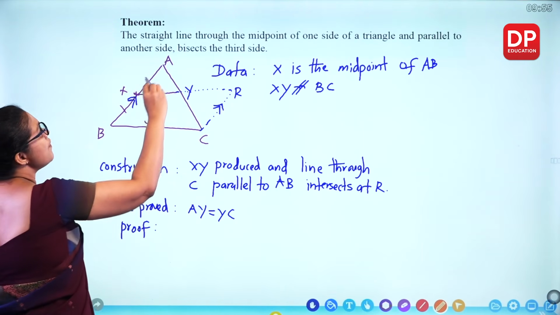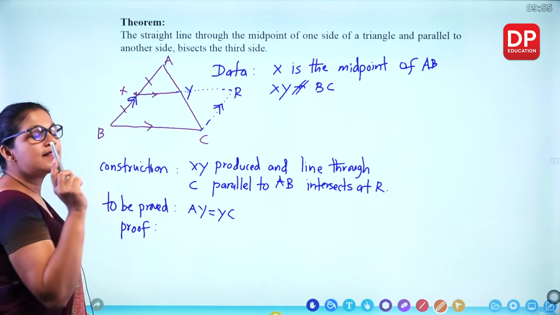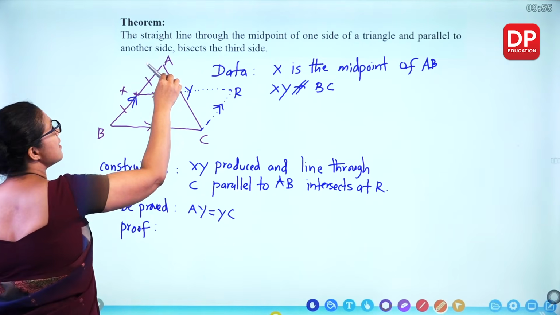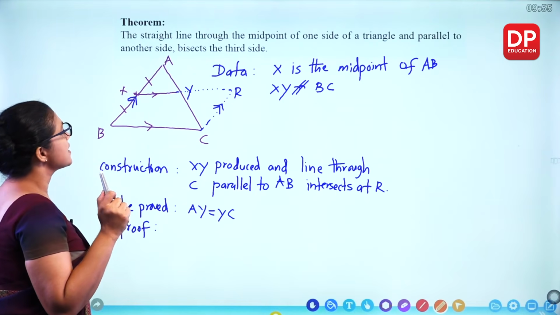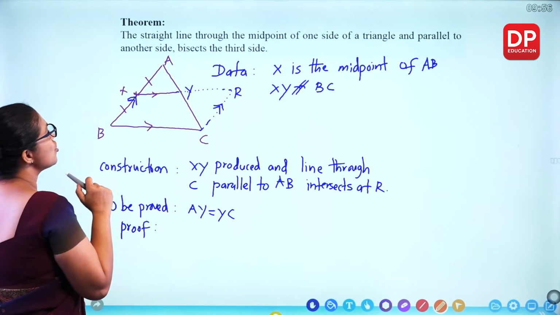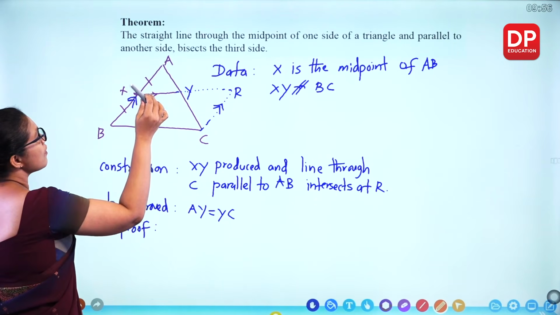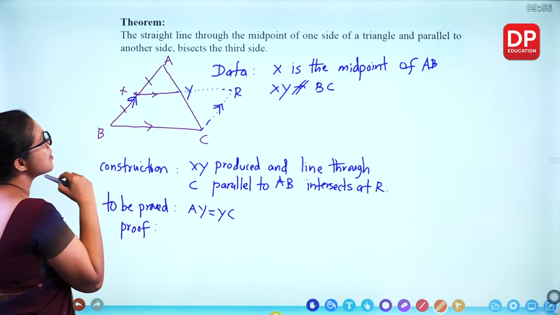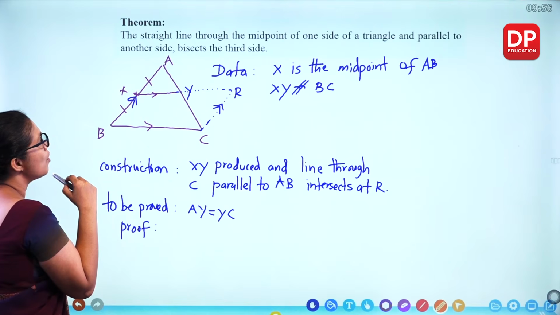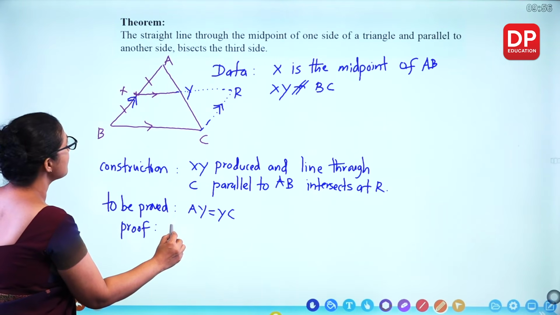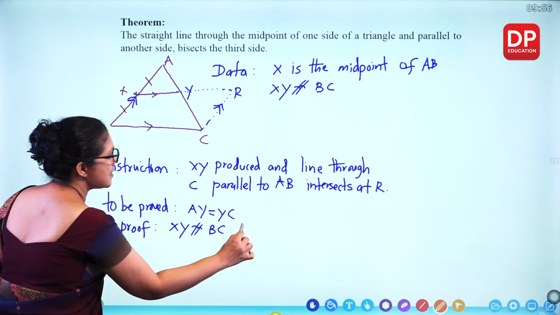Now again, if we can show that these two triangles are congruent, this length is equal to this length. Those are corresponding elements. So what information do we know? We know that XRCB is a parallelogram. What's the reason? XY is parallel to BC, it's given.